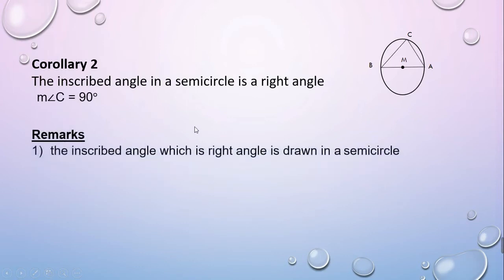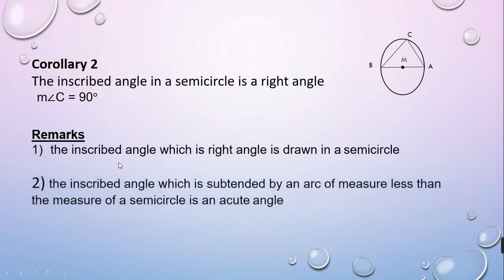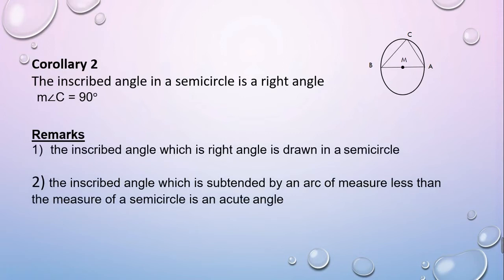Remarks. Number 1: if the inscribed angle is a right angle, it is drawn in a semicircle. And if the measure of the arc is less than the measure of the semicircle, so less than 180, the inscribed angle which subtends this arc will be an acute angle.